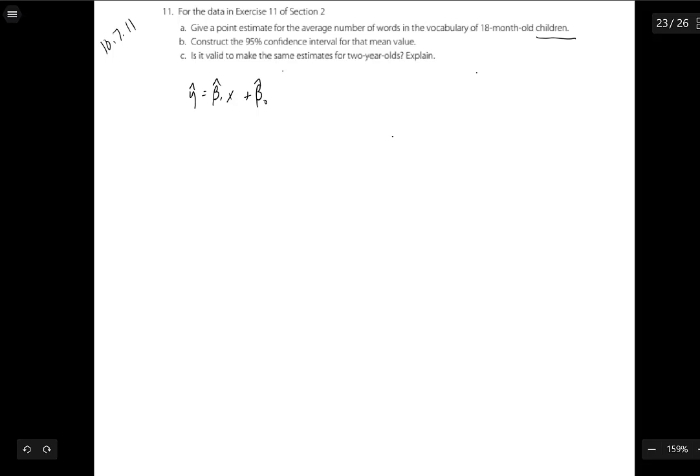Substituting what we have in our problem, our point estimate of Y is going to be 4.85 times our X, which is our 18 here for 18 months, times 18, plus, in this case, a minus 56. So essentially minus 56.